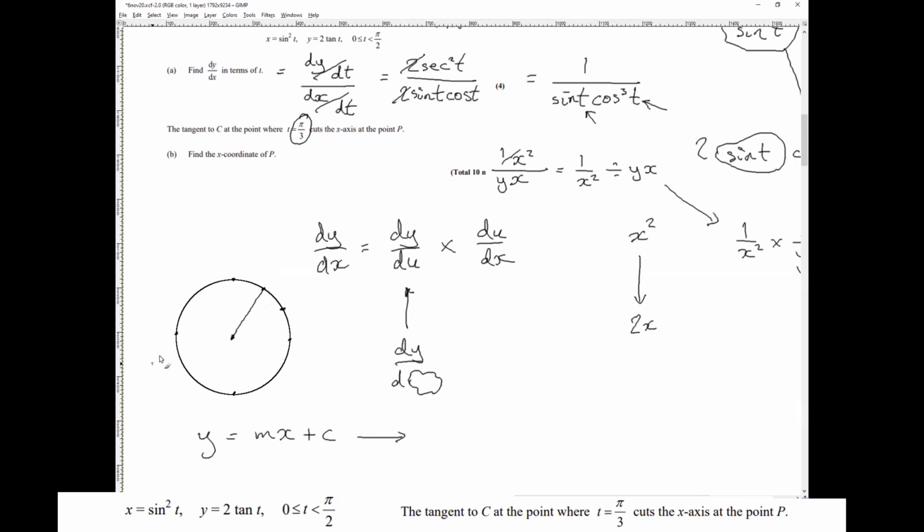What we do is think of that as a grid. So we get the sine and cos of the angle here.